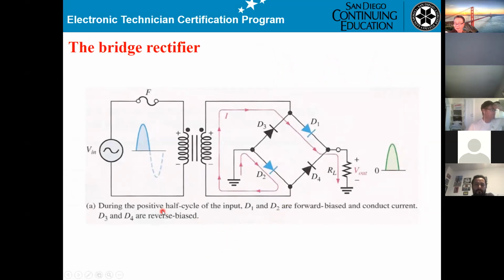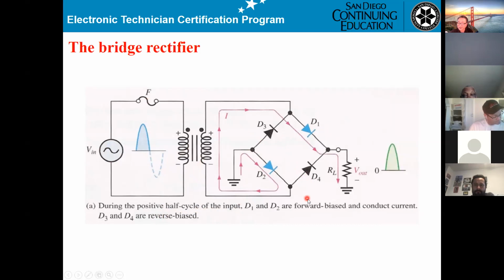Okay, so if you can see, the input primary here, that's the same thing, the fuse, and that's a normal transformer. So basically, during the positive cycle of the input, D1 and D2 will be on. D3 and D4 will be off.